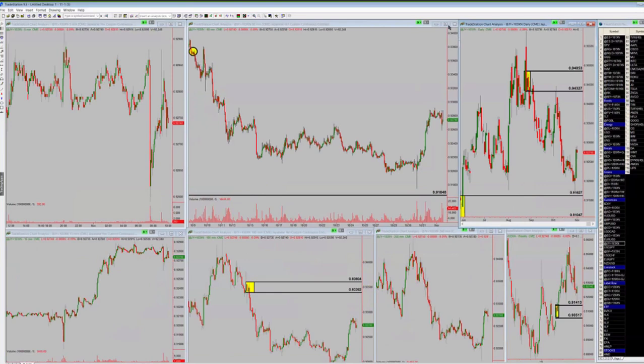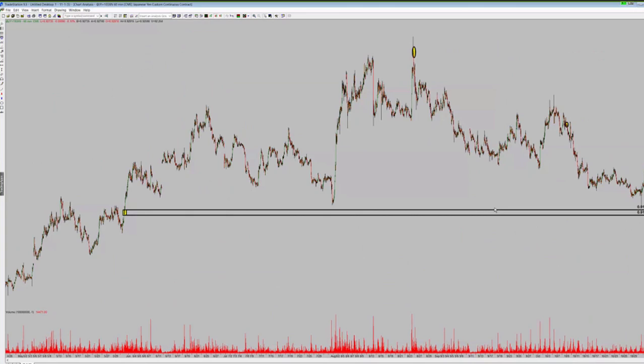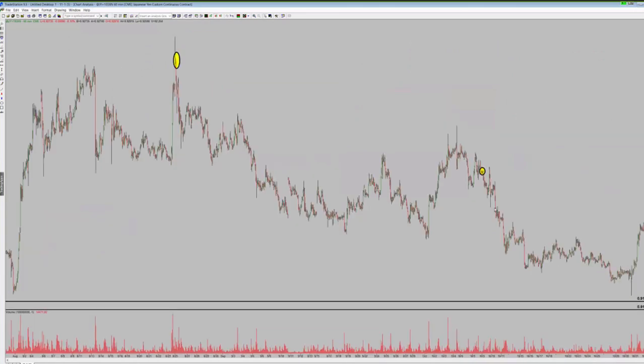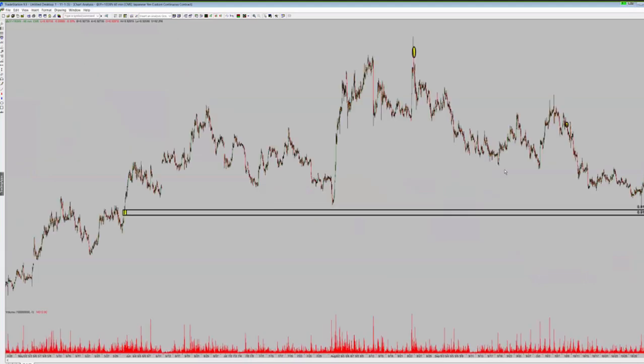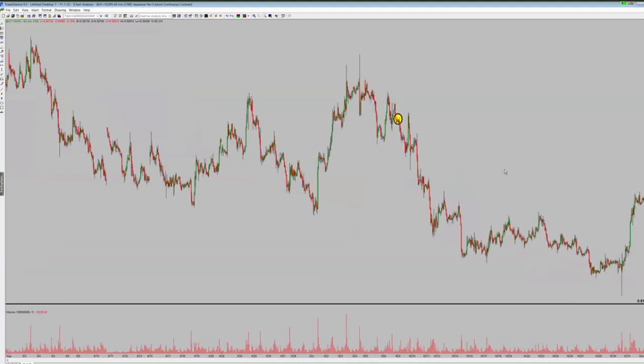Very likely before the next time we're together, the yen will either come down to this demand zone of 91.65 down to 91.50, or you can see that looks like a pretty good level there. There it is.